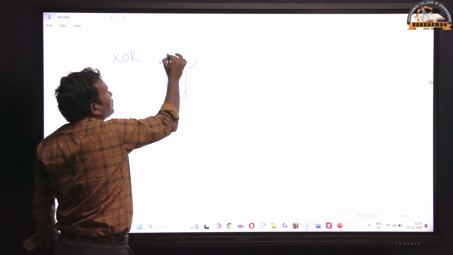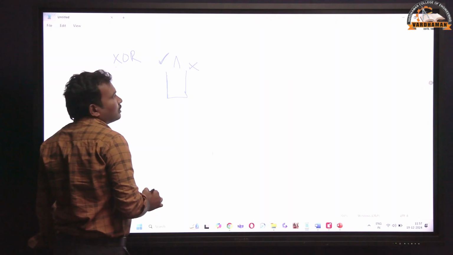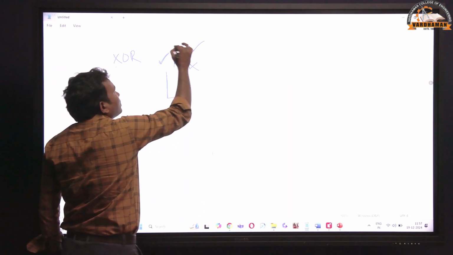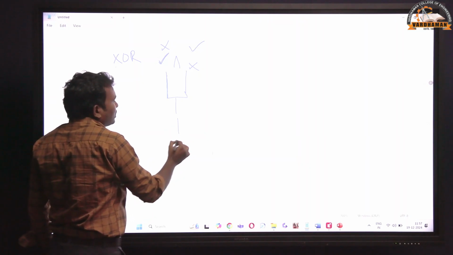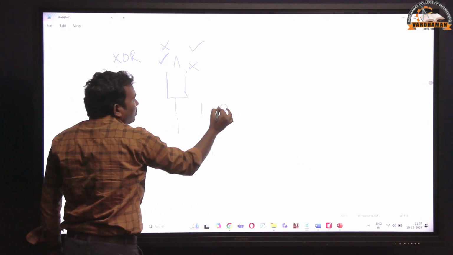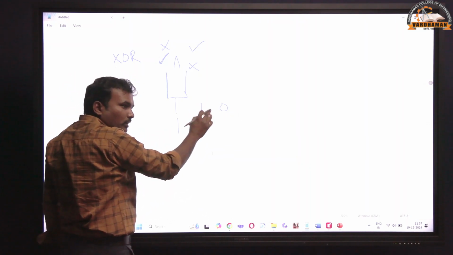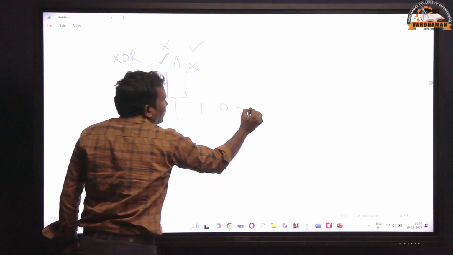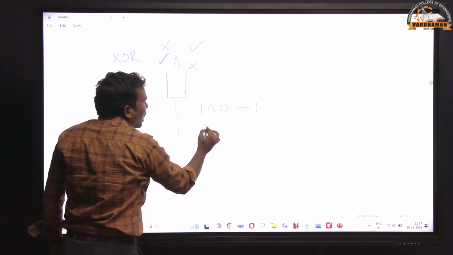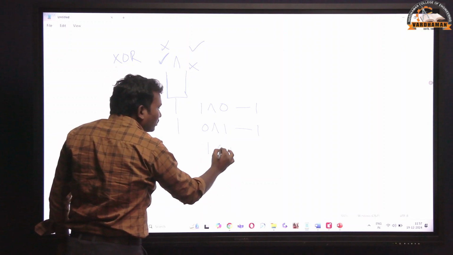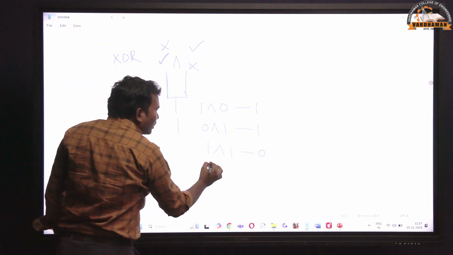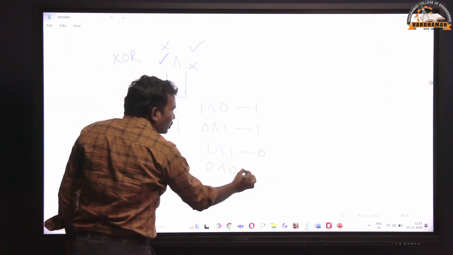If you have this one, you should not have that, or if you have that, you should not have this, then only your outcome will be 1. That means 1 XOR 0, only one thing you have to take, you will get 1, or 0 XOR 1, you will get 1. If you give both of them, you will get 0. If you are not giving both of them, you will get 0.